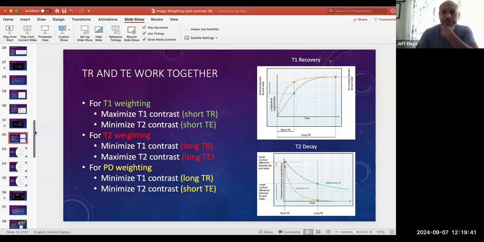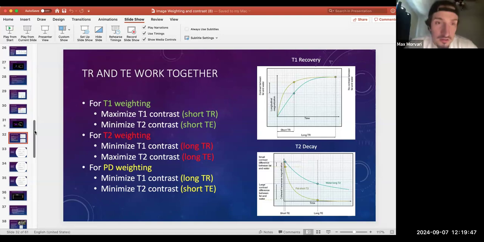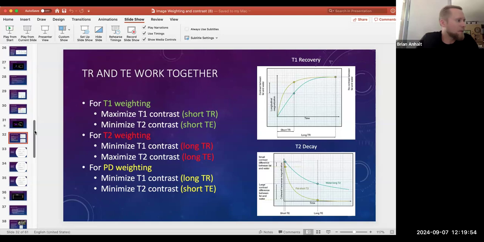Because it has a longer T2 relaxation time. It has a long TR. No tissue has any TR or TE. Tissues have T1 and T2 times. Relaxation time, right? Yeah, it has a long T2 relaxation time.